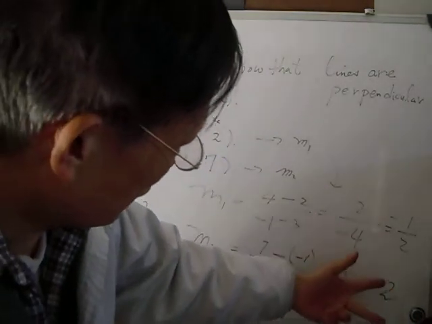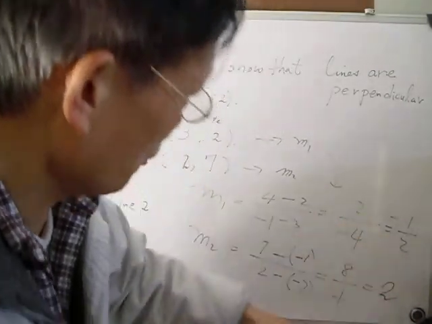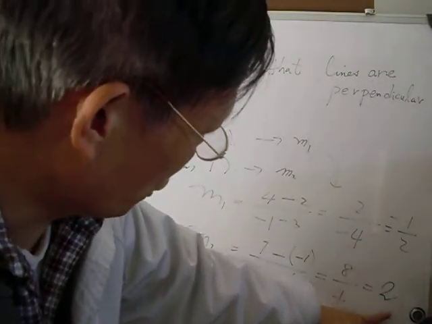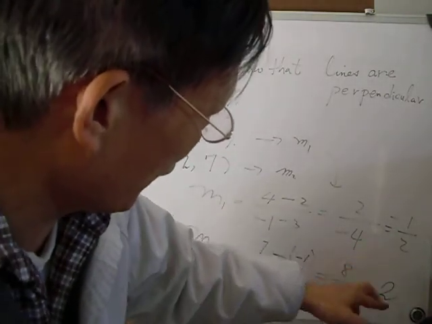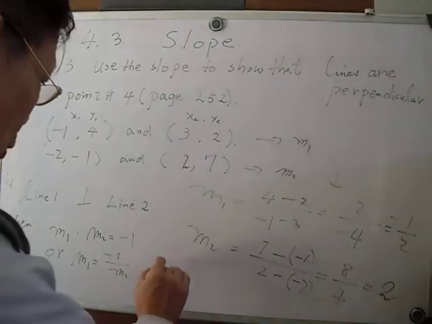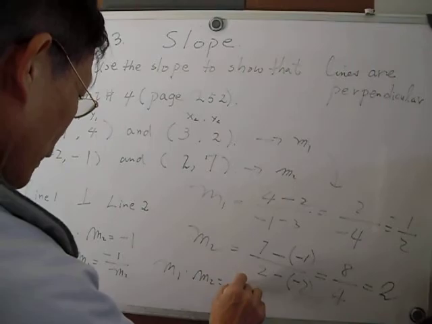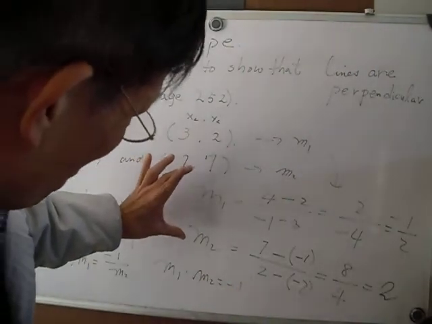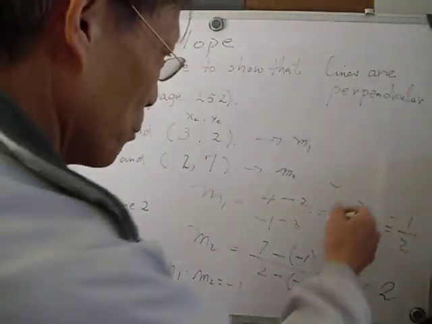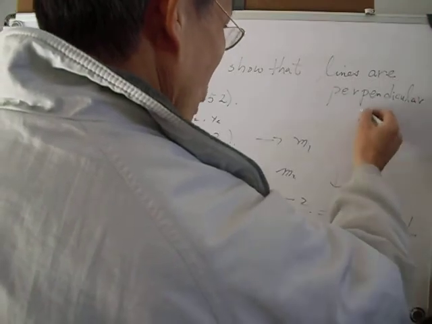So you can see that they are negative reciprocals of each other. You can put a 1 down here, you flip over, you put a negative 1, you get this. Or another way, you show m1 times m2 equals negative 1. The minimum is to show this, okay? And then you can make your conclusion: perpendicular.